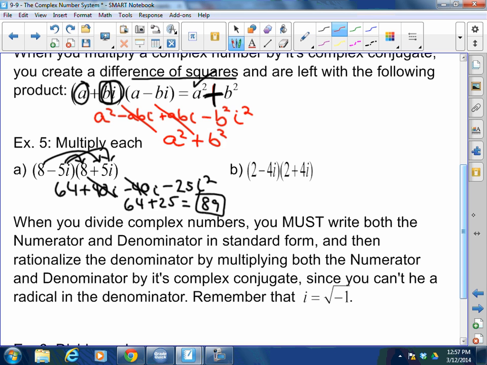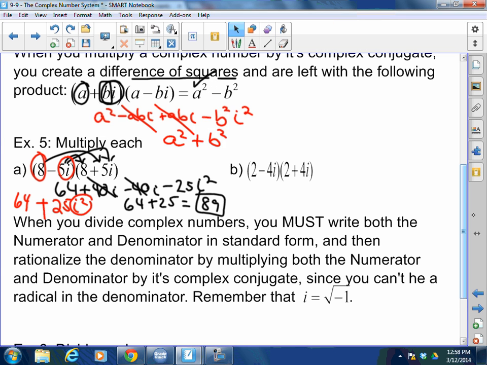So first term squared, 64. Okay? So you could do it one of two ways. Actually, I see what you're saying, Jose. You could go minus second term squared. What's the second term squared? 25i squared. Doesn't this i squared make that a positive? So yes, I was right as well. It is negative.